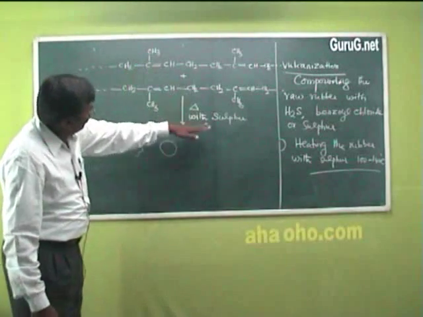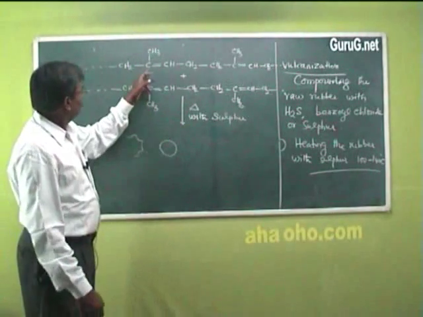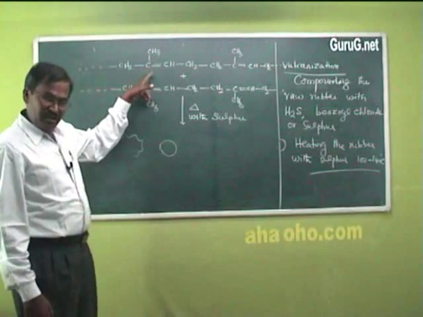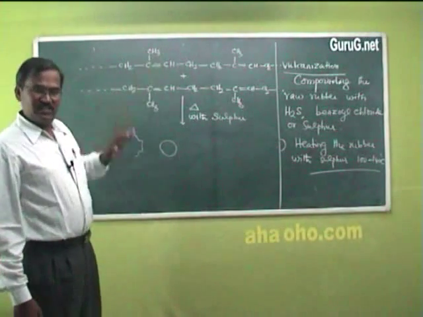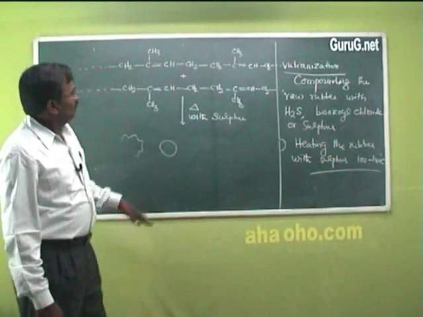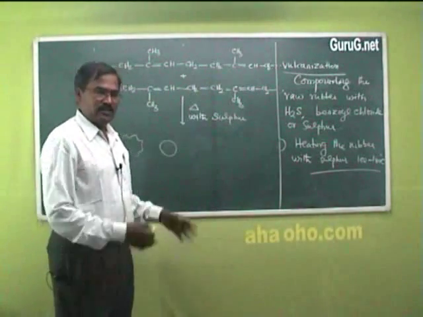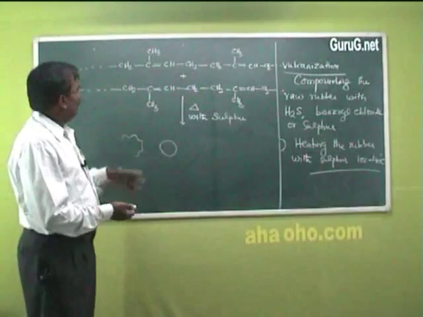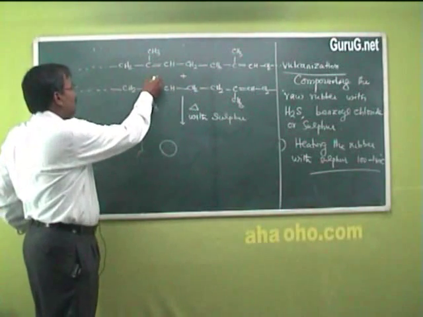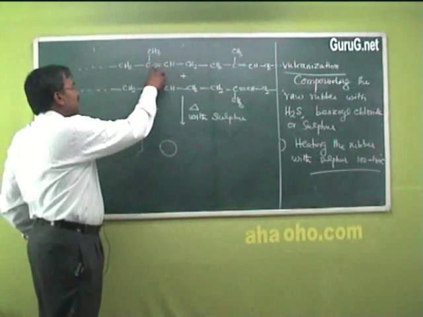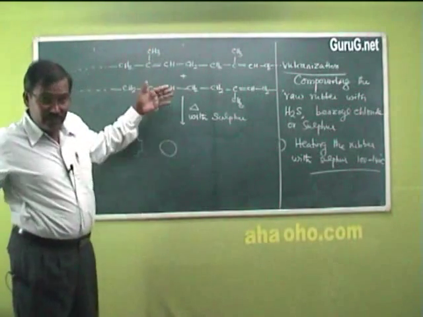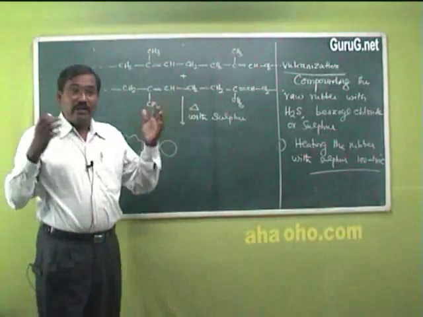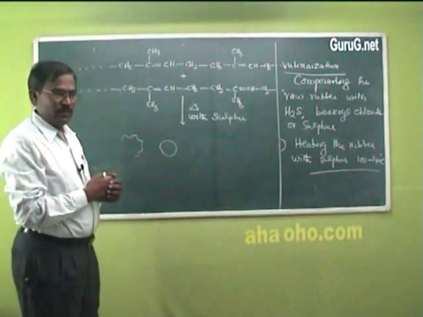Whereas once you heat it with the sulfur, it forms a bridge, a cross link between the two adjacent chains. Similarly here, for the sake of clarity I have taken it like this, the sulfide linkage may be present between this and this and another chain, and this and some other chain, like that it may go to an infinite extent.